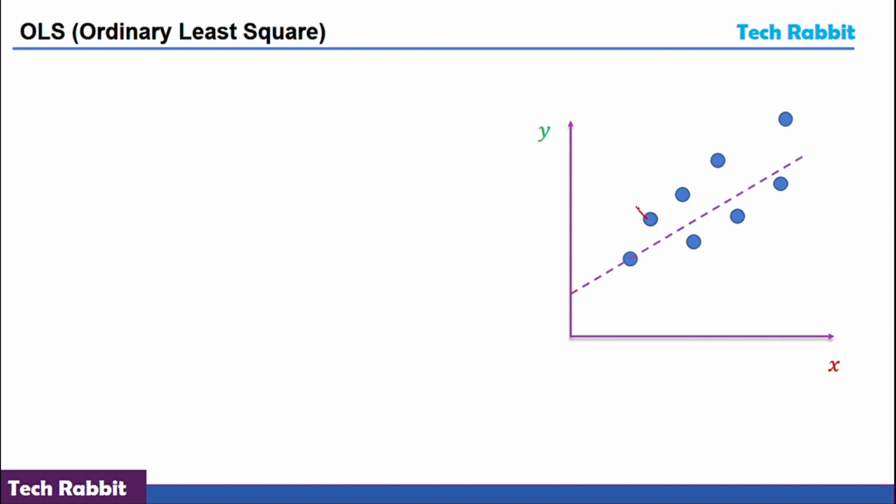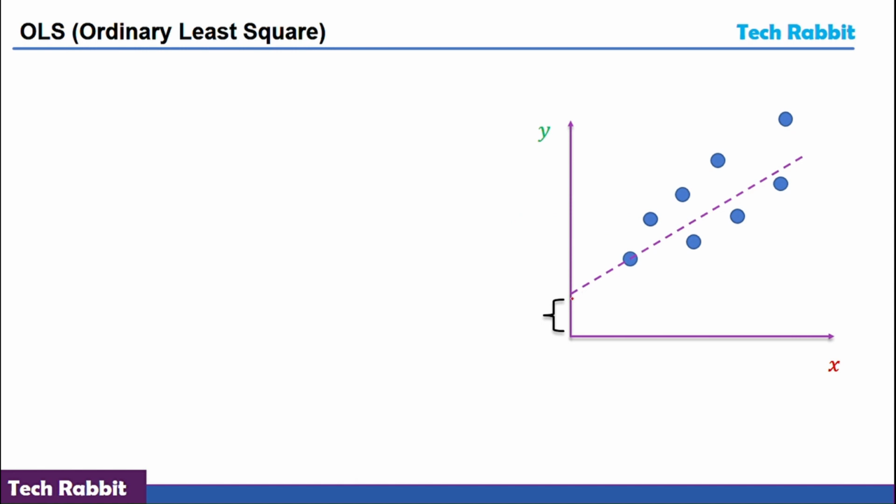These are the actual values and the purple line gives us the predicted value. If you take the vertical distance, that gives us the error. In OLS, if you take the summation of errors, it gives a value of approximately 0. That means the error is distributed normally along this line. I will explain what error is in the next slide.